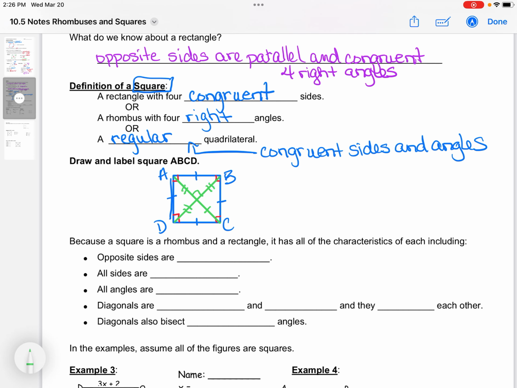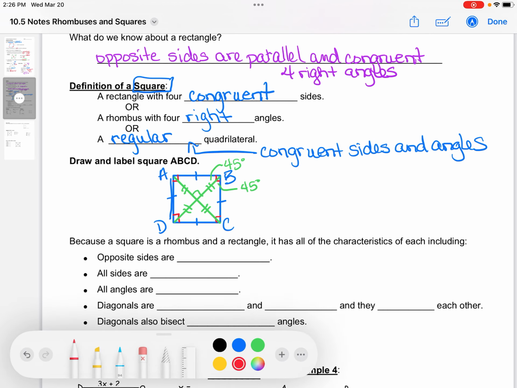They're all equal to each other. And they bisect the corners, so this would be a 45, and this would be a 45. So this is like everything is divided equally and everything matches.